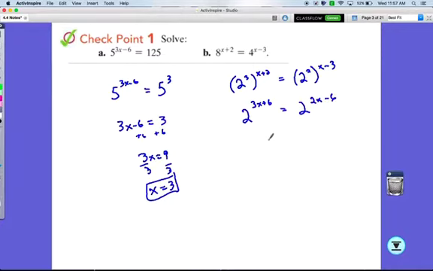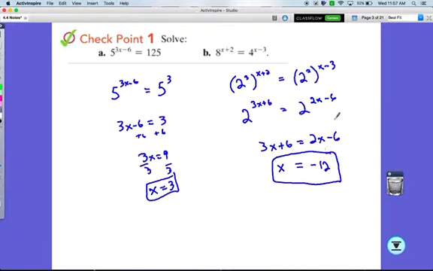So you end up dropping the base to get 3x plus 6 is equal to 2x minus 6. If you subtract the 2x over, you'll get x. Subtract the 6 over, you'll get negative 12. And so that is how you solve exponentials when you can rewrite the base as being the same.